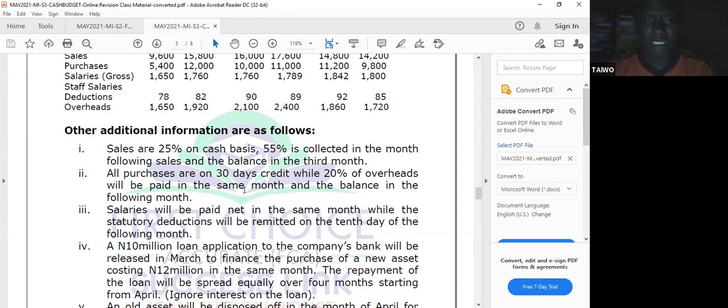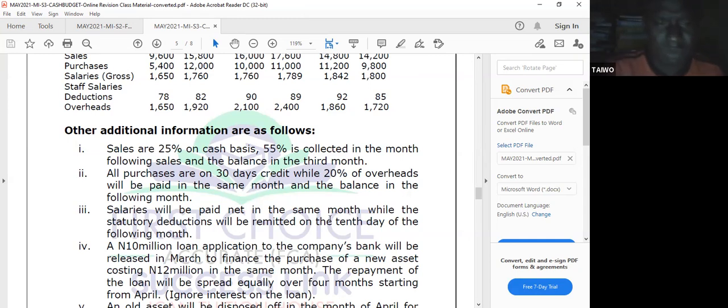Whatever our overhead is, I'll pay 20% of it in the month it is incurred, and the balance a month after. That means 20% of January's overhead will be paid in January, while the remaining 80% will be paid a month after, in February.